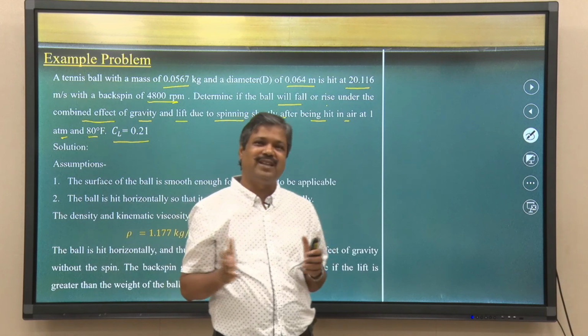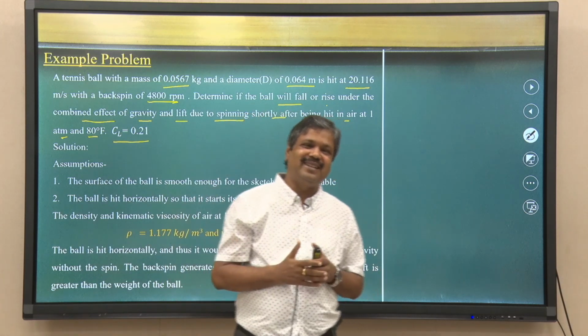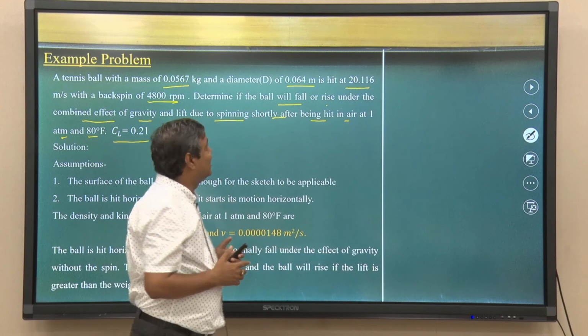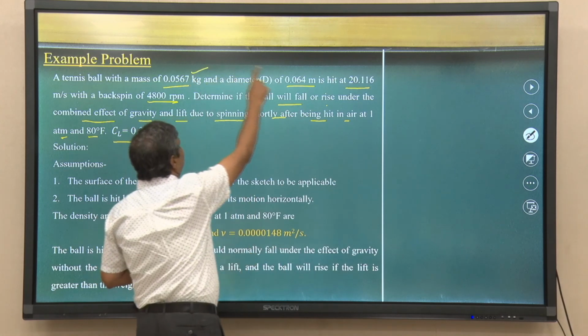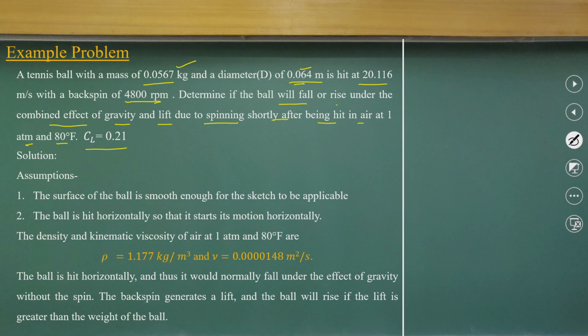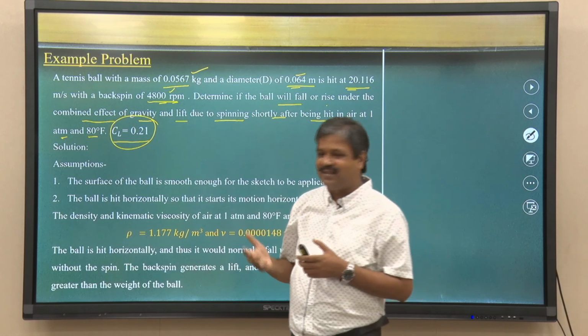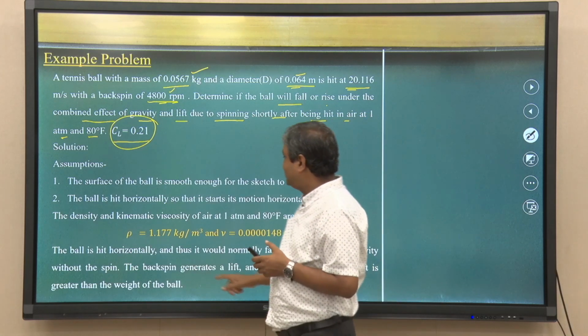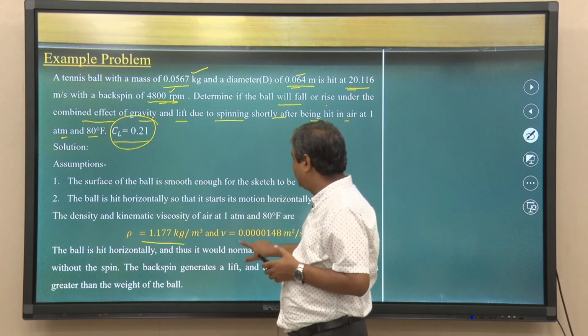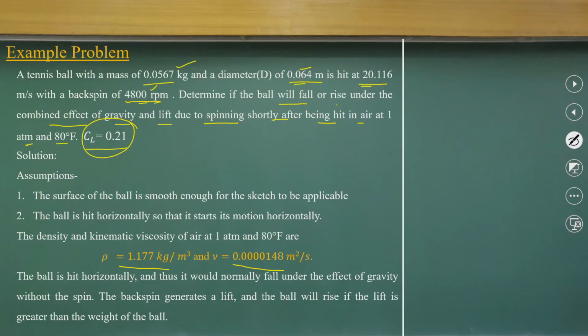So, this is a very simple case, but the description is written in terms of a tennis ball. It has the mass, it has the diameter which is needed to estimate the frontal area. We have the velocity and you have a spinning speed, which is not necessary here, because it is already given what the lift coefficient is for the spinning conditions. So, that is the reason you can compute the density and estimate the kinematic viscosity.